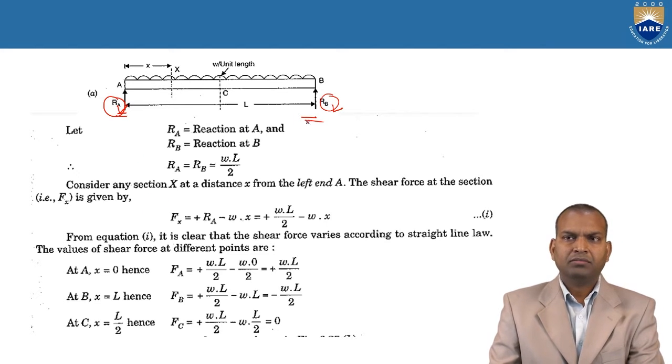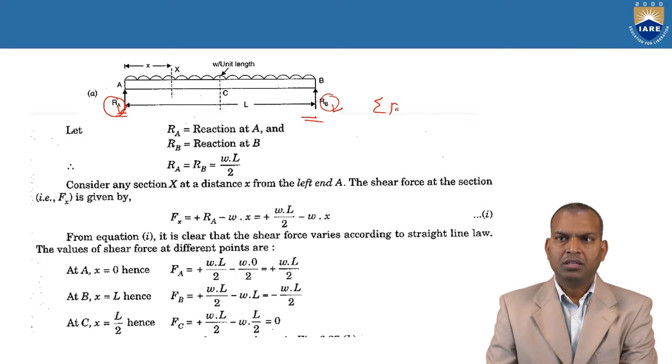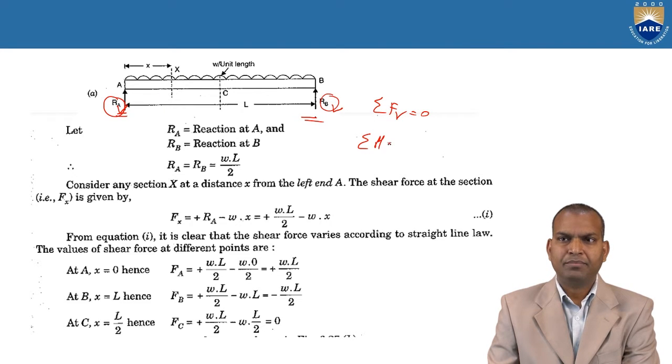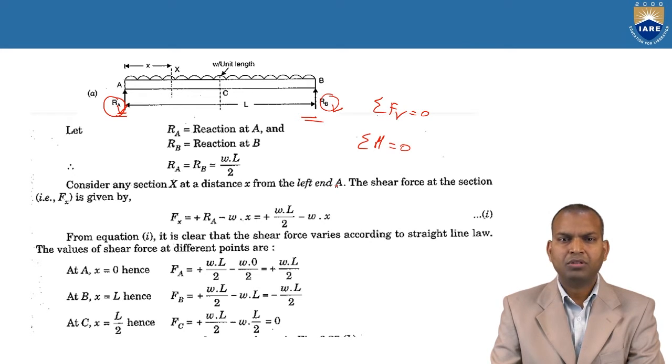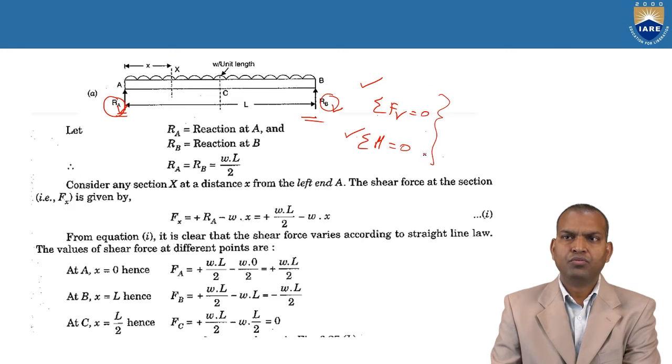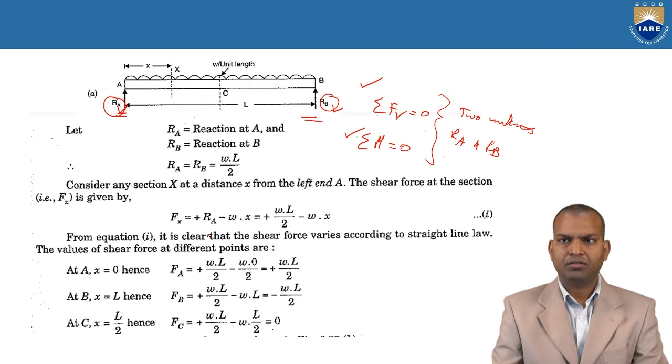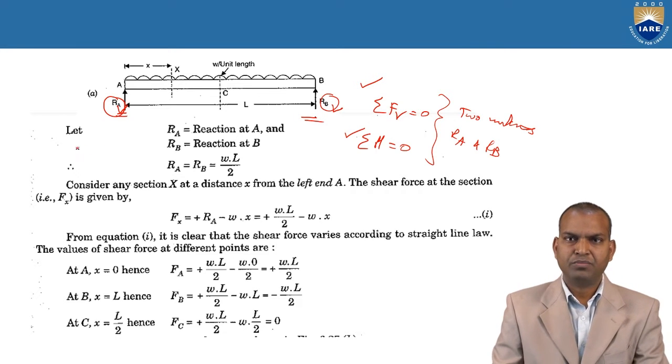Now, by using two equilibrium equations, sigma FV, the algebraic sum of all vertical forces equal to 0, and sigma M, the moment equilibrium, the algebraic sum of moments about any arbitrary point equal to 0, we are going to find the two unknowns, reaction at A and reaction at B. Let us equate.